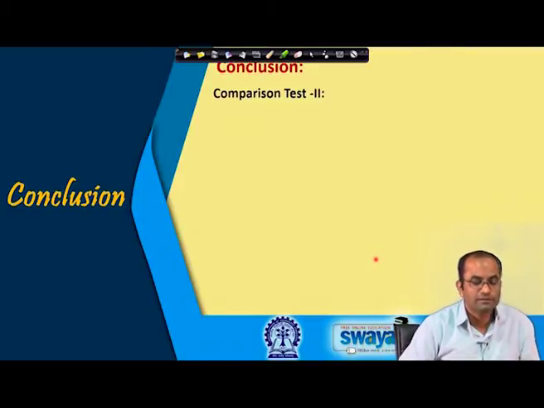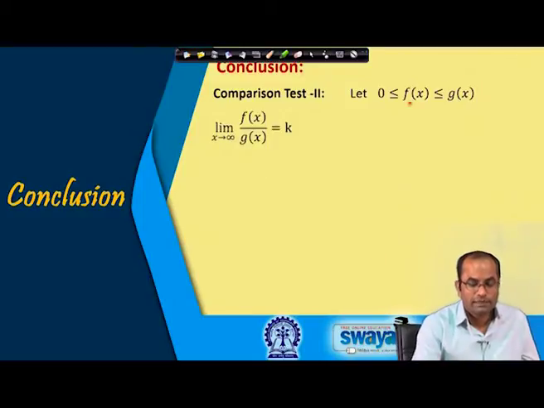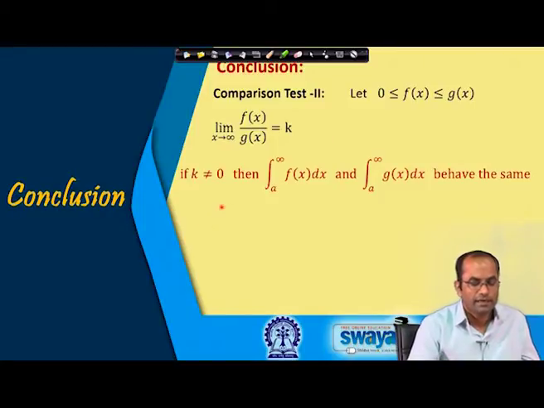The comparison test 2 was again with a relation between f and g. It can be strictly equal also, because as x approaches infinity, g(x) should not be 0. If the limit value is k and k is not equal to 0, they both behave the same.